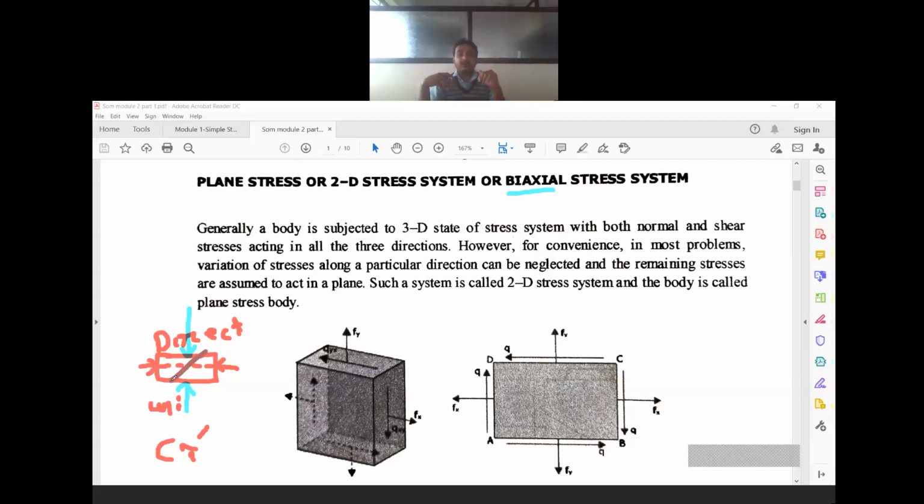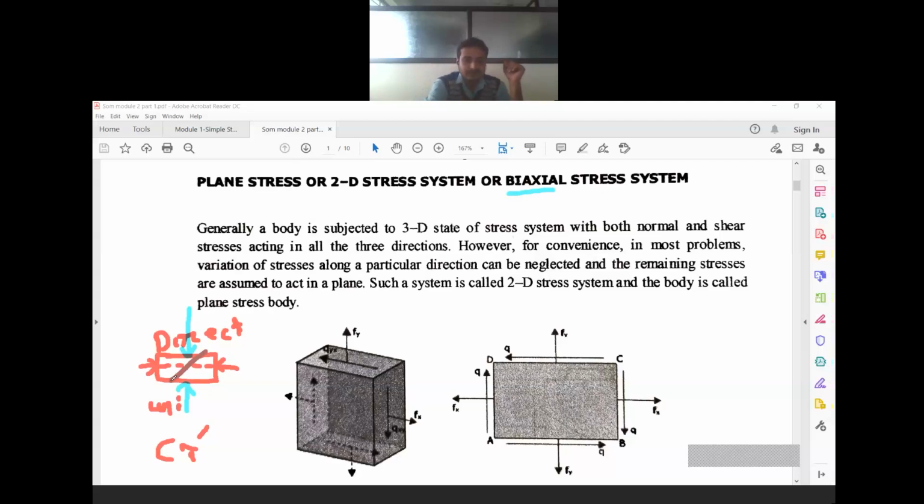So the number of axes in which we are applying the load is considered. First we shall consider uniaxial, which is the first module that we have learned, and the second one is biaxial, for 2D diagrams or plane diagrams, which is what we are going to study now, and we have the triaxial system.